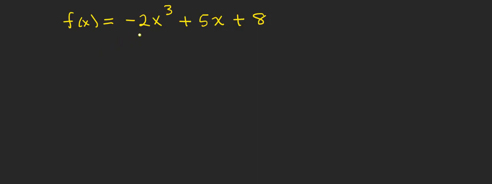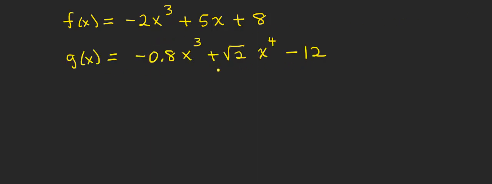What will be the leading coefficient? The leading coefficient is negative 2, because that's the coefficient of the highest power. What about the degree? The degree is 3. And what kind of polynomial is this? This is cubic because the degree is 3.